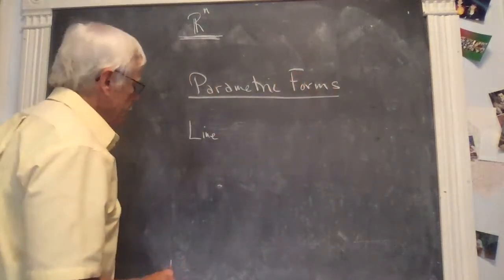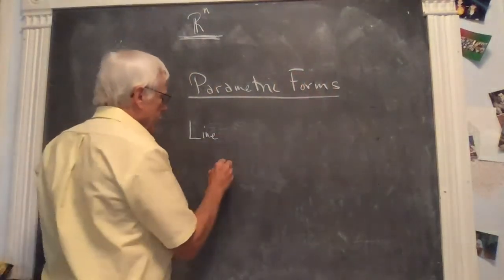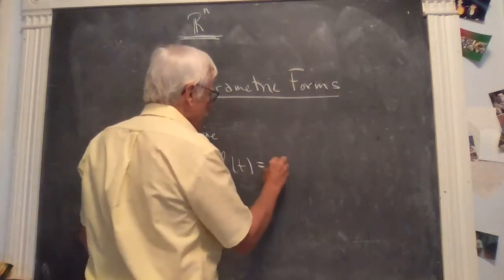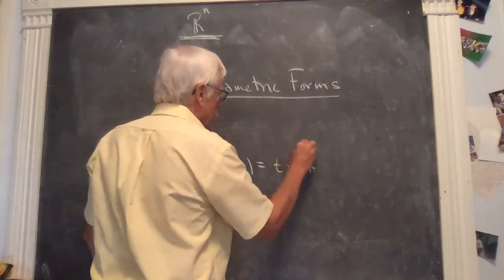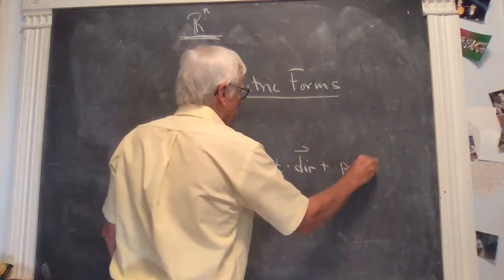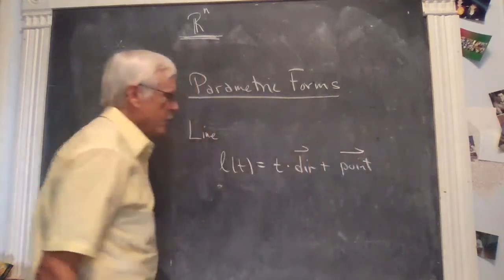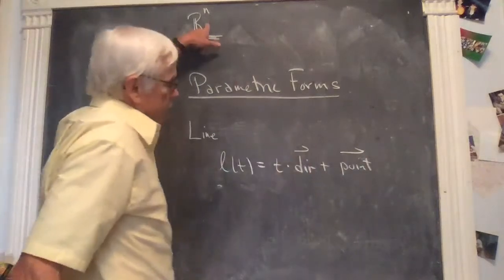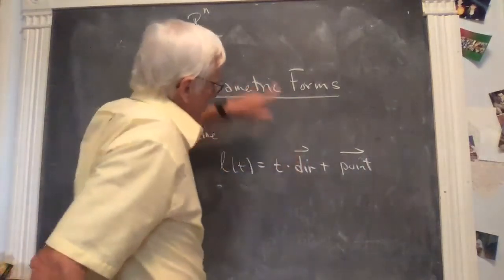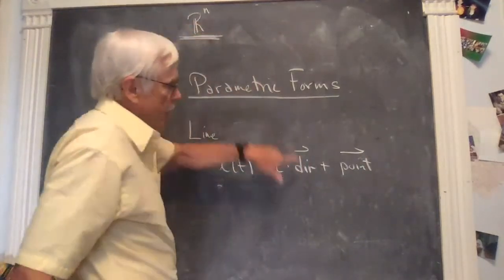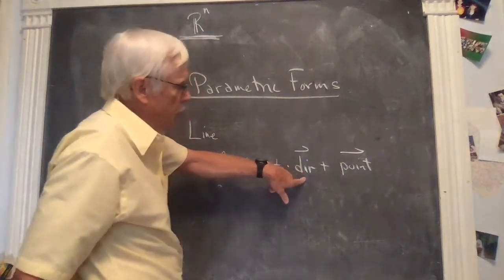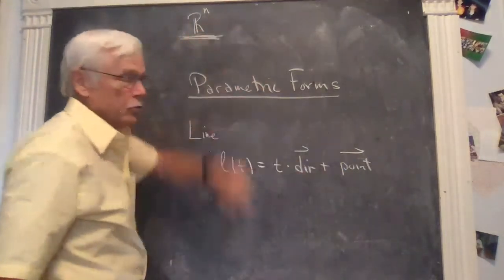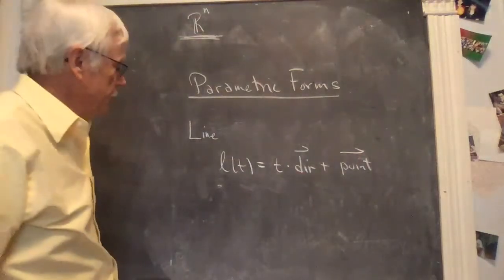For lines, the parametric form is L of t equals t times a given direction plus a point on it. That always describes a line. The direction, though, is in Rn. So the direction is a vector from Rn, so it has n different components, x1, x2, up to xn. And the point also is a point in Rn, so it also has n different components.